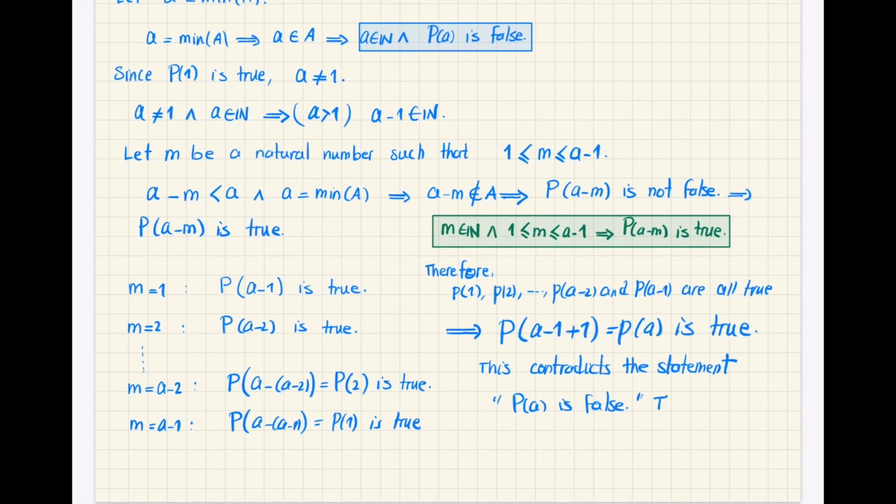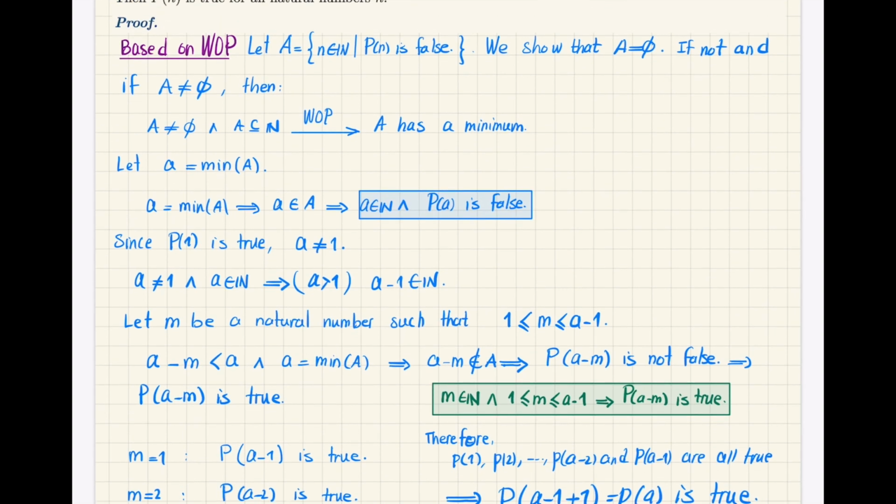So therefore, A is equal to the empty set. So it means that if you are looking for a number n for which P of n is false, don't look for it. You will not find it because the set is empty.